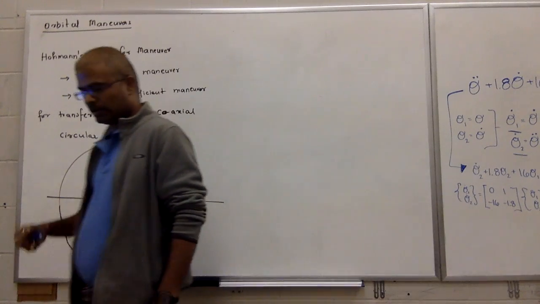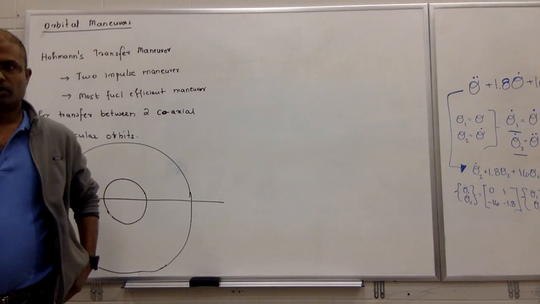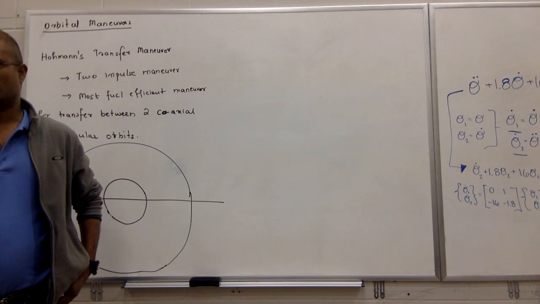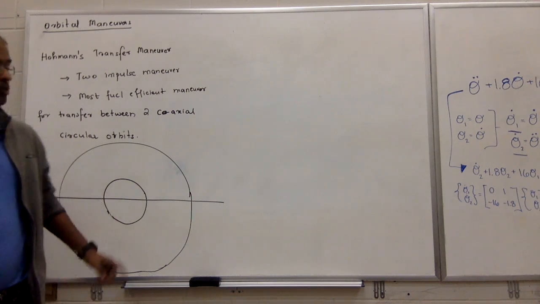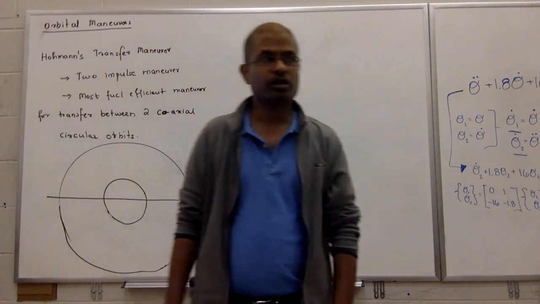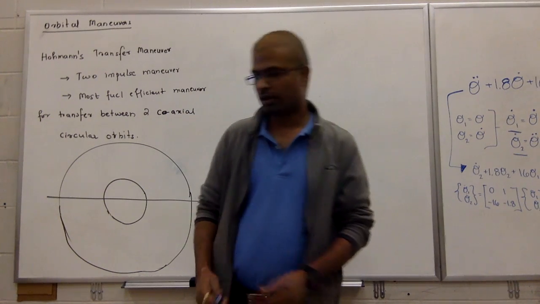So all these GPS satellites are geosynchronous. Are they geostationary? They are not geostationary. Okay, they are geosynchronous, which means their orbital period is, what is their orbital period? 24 hours. Okay.